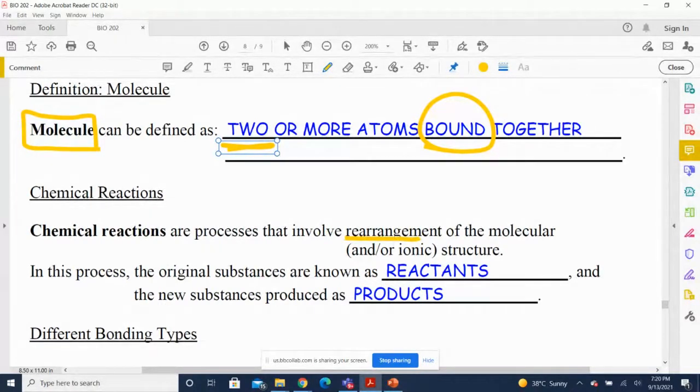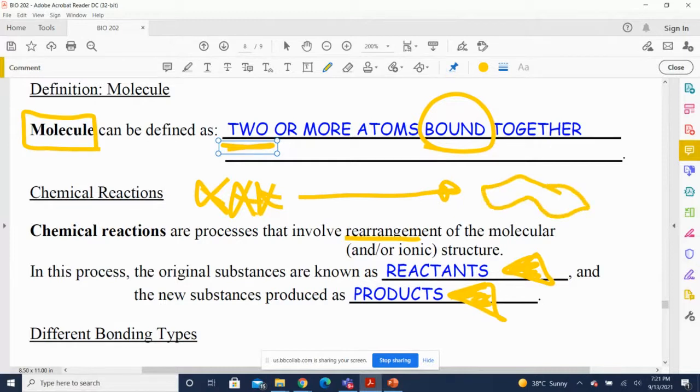And 2 terms that I wanted you to know were that whatever goes into that chemical reaction is known as a reactant, and whatever comes out of that chemical reaction is the product. So we can think of that we have something that we end up putting in, then the reaction takes place, and a new thing comes out of that process of reaction.